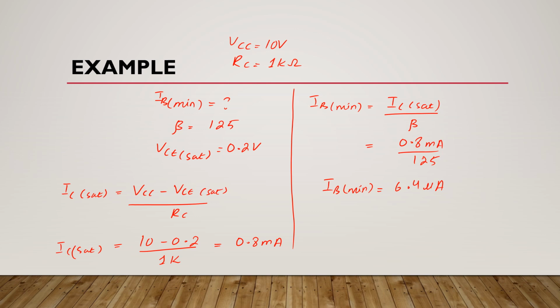Okay, so this is the minimum value of base current which is necessary to drive the transistor to the point of saturation. Any further increase in base current will ensure that the transistor remains in saturation mode, but there will be no further increase in collector current. Okay, so this is your answer here.